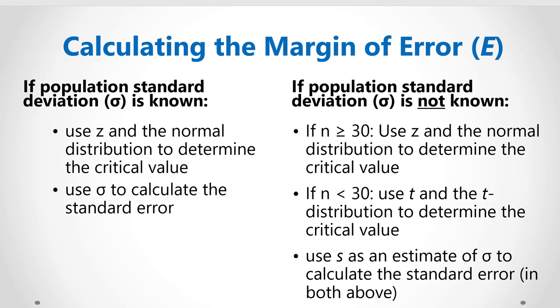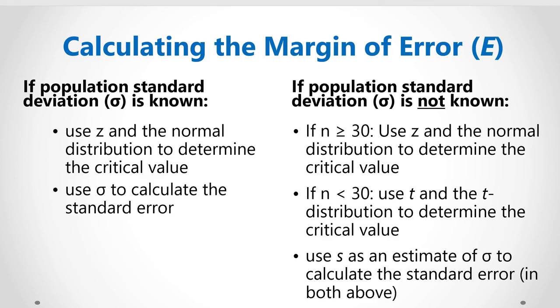If population standard deviation is known, we use z critical value and sigma to calculate standard error. If population standard deviation is unknown, and if n is greater than or equal to 30, we use z critical value and s, our sample standard deviation, as an estimate for sigma to calculate the standard error.